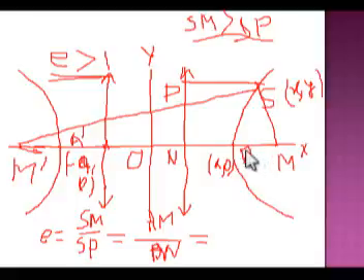So the distance A prime M by A prime N, this is the distance from the directrix, will also be equal to the eccentricity.